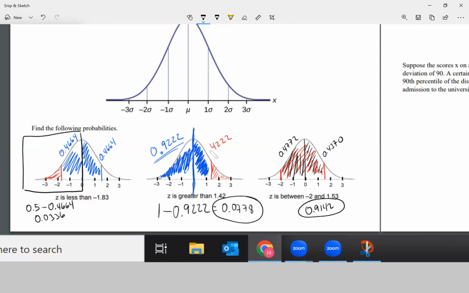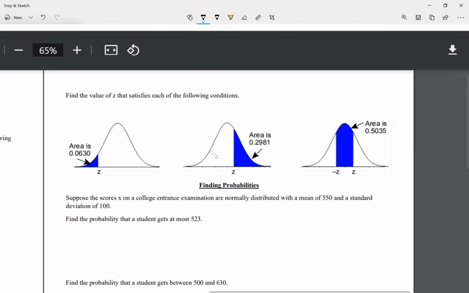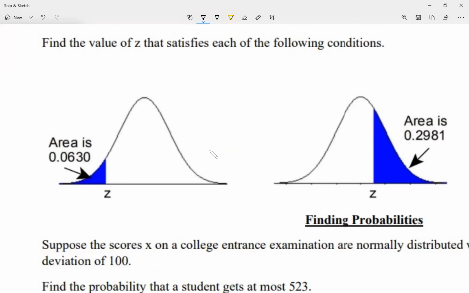Now let's take a look at this thing right here. Ooh, I have to figure out the z value. So the area here is 0.0630.